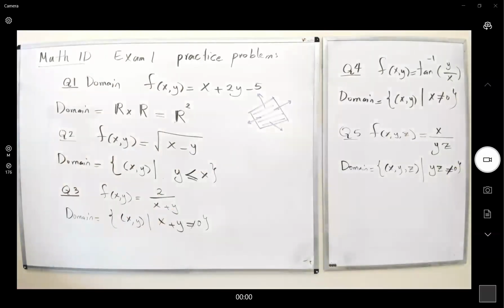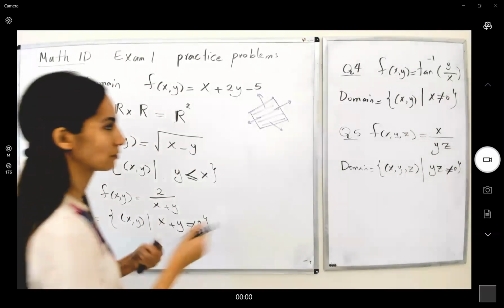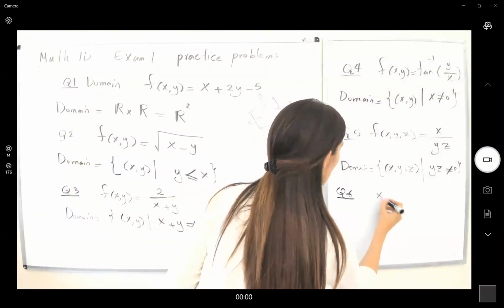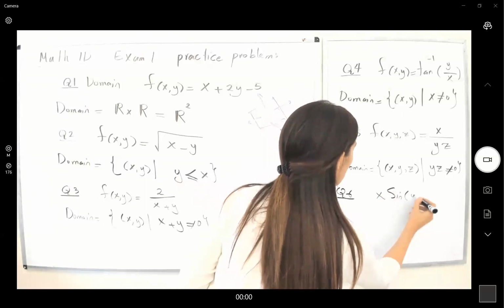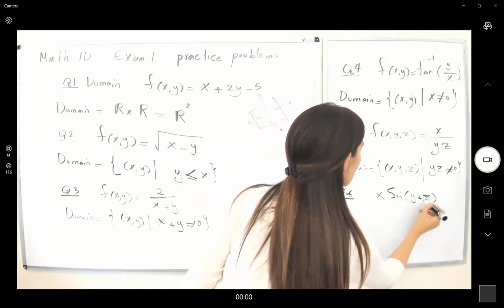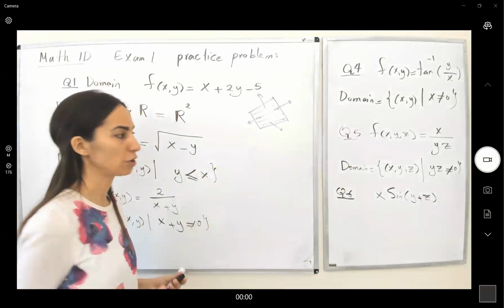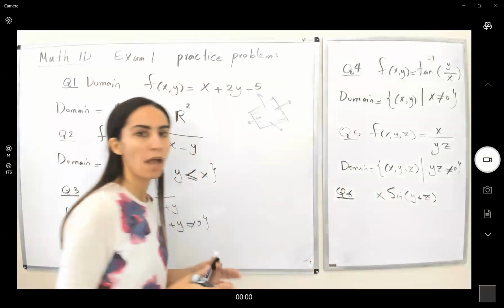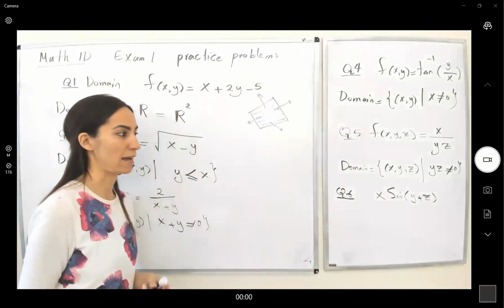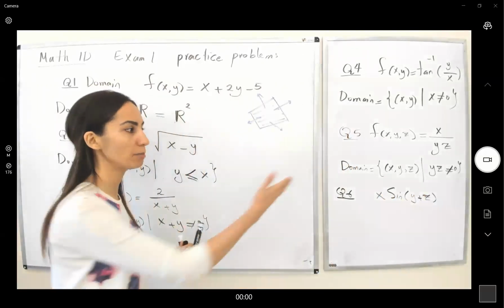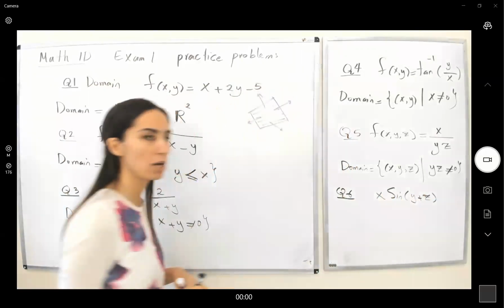Very well. In question 6, we have x times sine of y plus z. Take a look at this function. This is a nice function. Why is that? Because you have x and sine is a nice function as well. For the sine function, you can actually plug in any value for y and z.